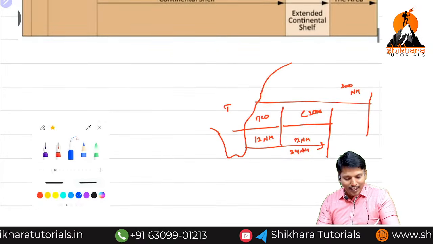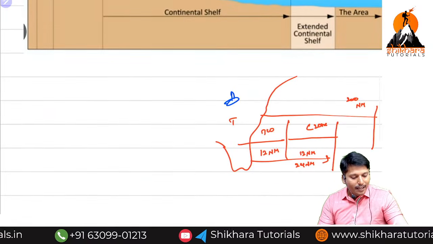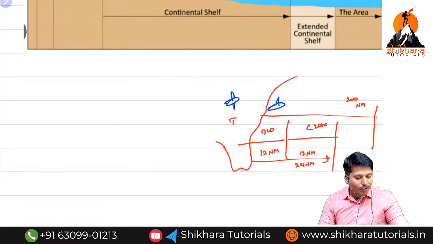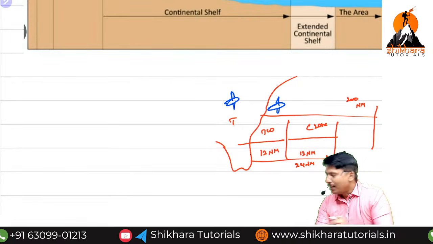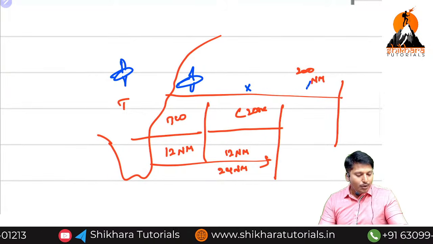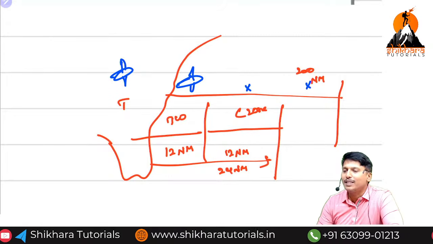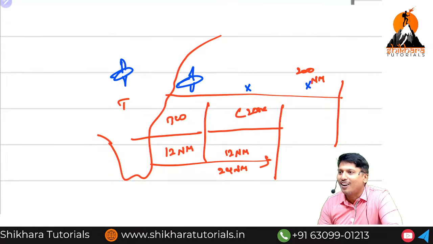Now, see, airspace above territory and territorial waters. So the airspace above the contiguous zone and exclusive economic zone does not belong to India.